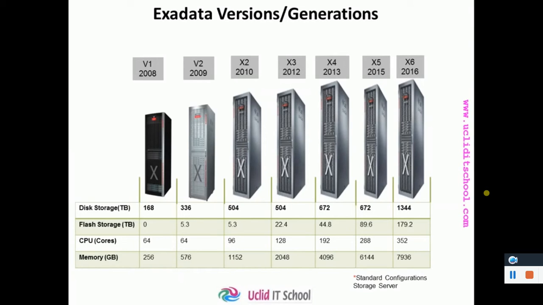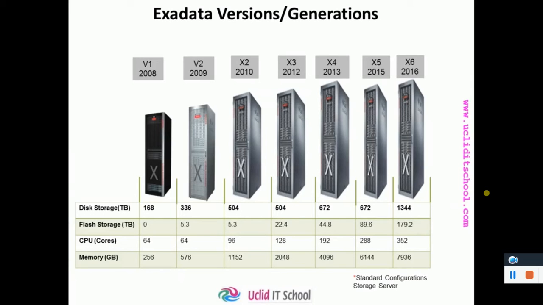Apart from this, what is the change between each version? Suppose if you take V1 and V2, we know V1 has HP hardware, V2 has Sun hardware. Is that the only change? Right? No, there are many other changes. The changes are both in terms of hardware capacity as well as software features.